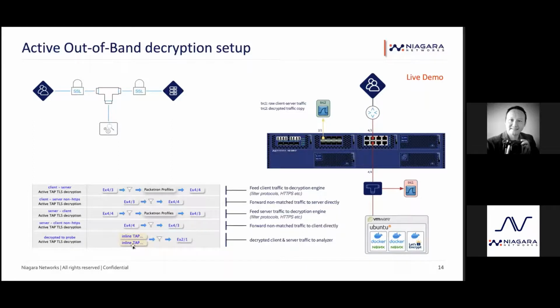So I took both sessions, both outputs from the Packetron profiles, and send it out to port 21. So port 21 carries the traffic from the client to the server, decrypted, and the other one is using the decrypted traffic from the server to the client.